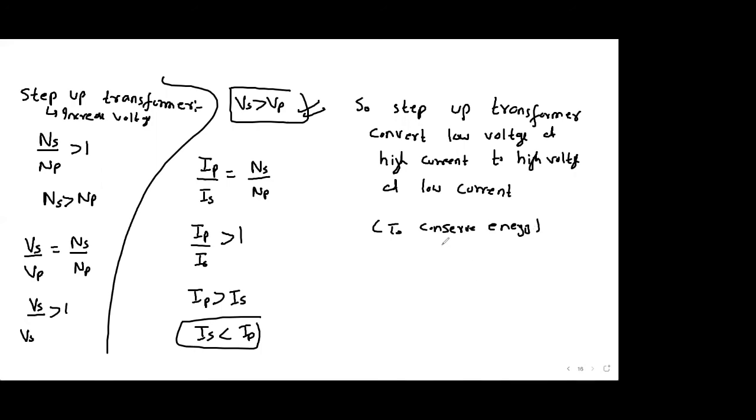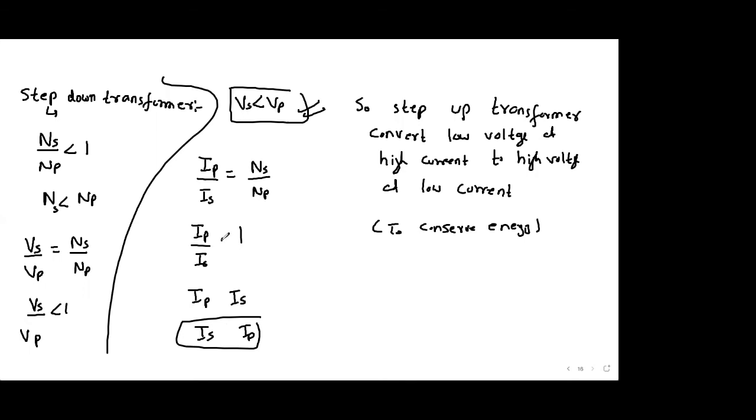Okay, the next is step down. A step down transformer decreases voltage. In a step down transformer, Ns by Np is not greater than 1, it's less than 1. It means the number of turns in secondary is less than number of turns in primary. So Vs by Vp is less than 1, Vs is less than Vp.